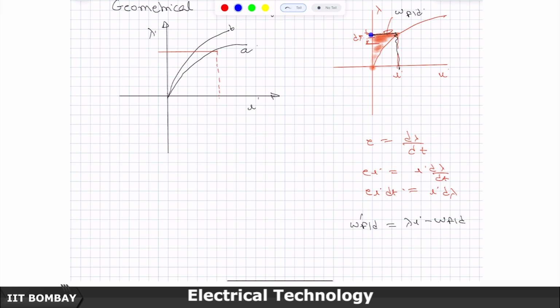This is subtracted from the whole rectangle area. So, what is left? This shaded area represents W dash, the co-energy. So, that rectangle is made up of energy plus co-energy, equal to the rectangle lambda times I.